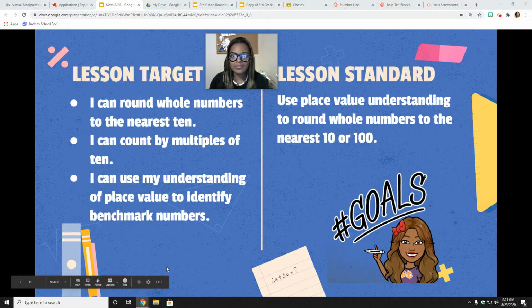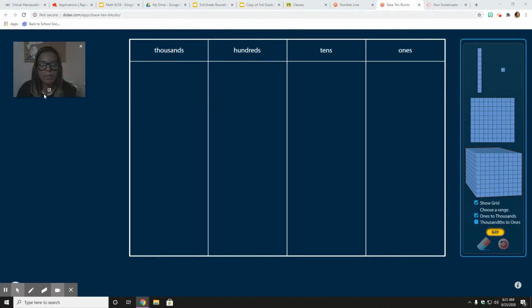First things first, I need a place value chart. Let's grab one really quick. Boom. There's my place value chart, and I'm going to use the number 67. I think we used this number yesterday, and it's okay, we'll use it again. Let's put 67 in our place value chart.